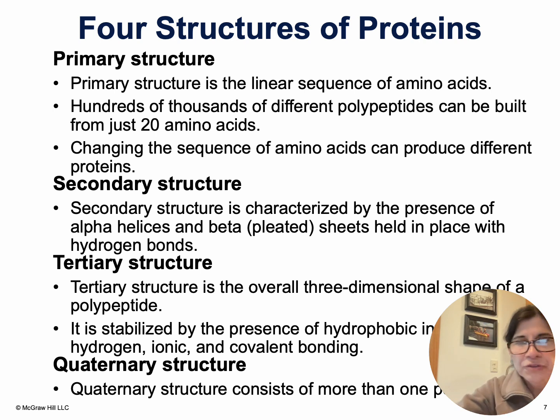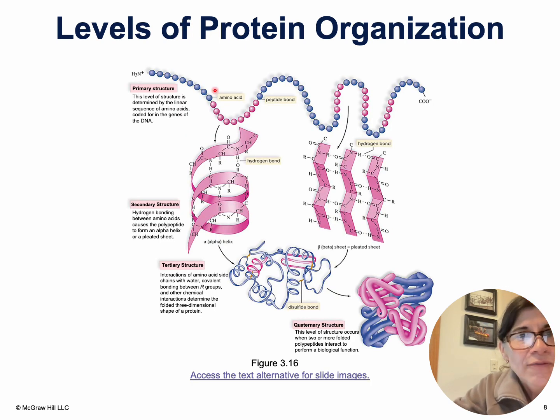So I think this picture will help. If we start on top, where it says primary structure, primary structure is just the chain of amino acids. Here, each amino acid is represented as one bead on the chain. So this is a whole chain of amino acids, and that's the primary structure.